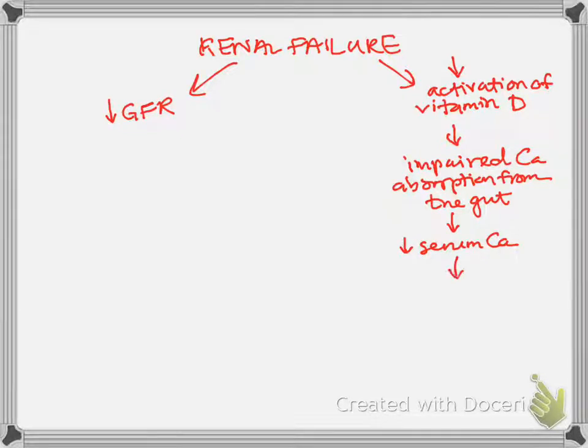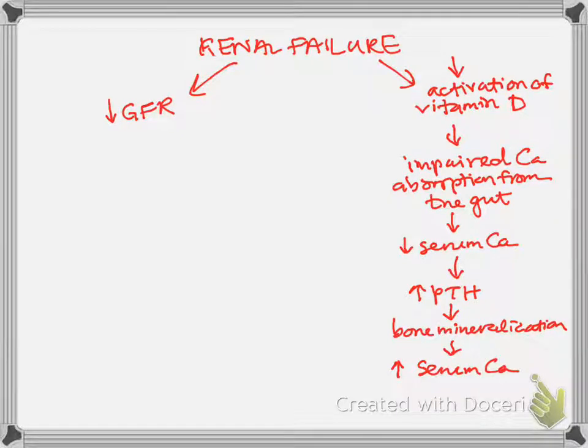And then that causes an increase in parathyroid hormone. We know that's a stimulus to increase our calcium levels. And if our kidneys aren't working, the parathyroid hormone is responsible for secreting that hormone in order to increase our calcium levels. So that's going to result in bone demineralization, which should result in an increase in serum calcium levels.